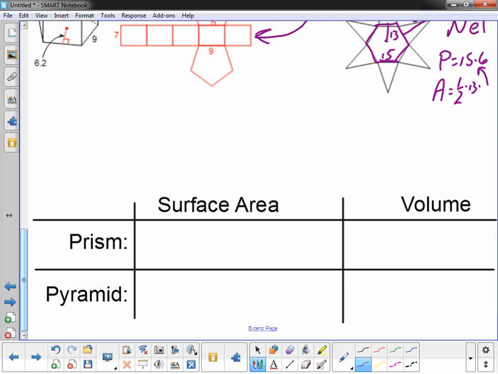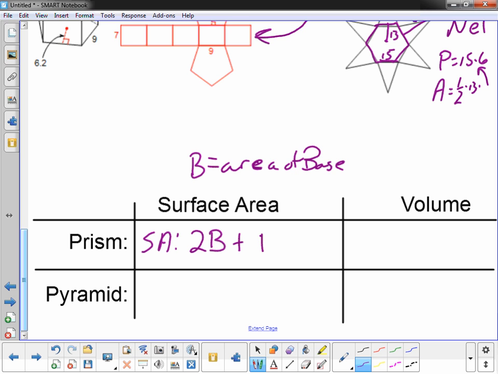Well, the surface area of any prism, regardless of what it is, if it's a right prism, it doesn't matter what kind it is, it's going to be two bases, and we're going to let B equal the area of the base, plus the perimeter of the base times the height.